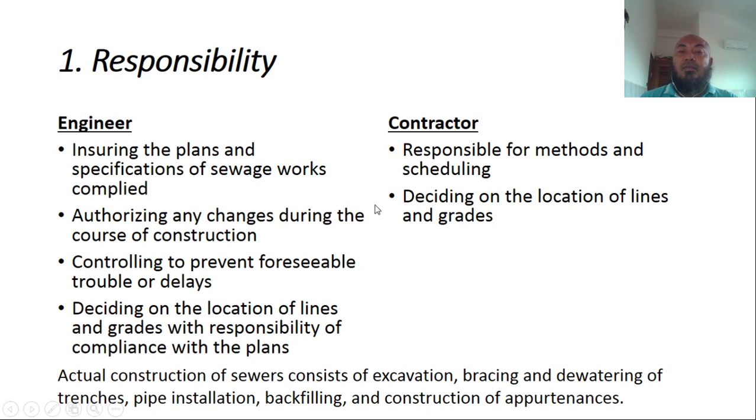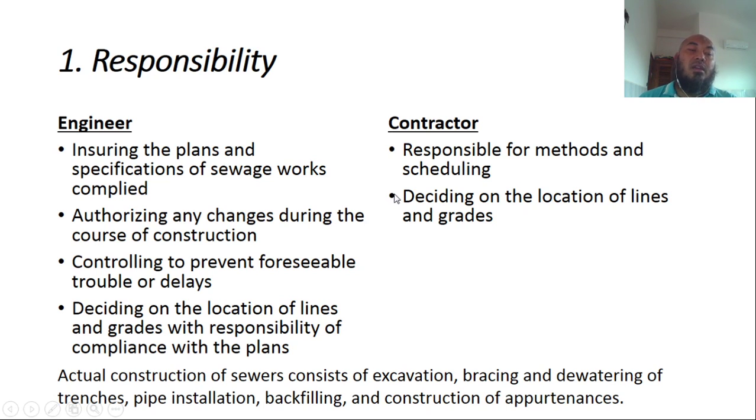And then the contractor is responsible for method and scheduling, and also needs to decide on the location of the line and grade. During this decision, both engineer and contractor can work together to get the best solution in the field.